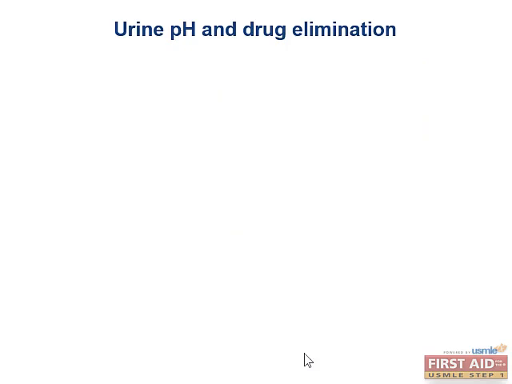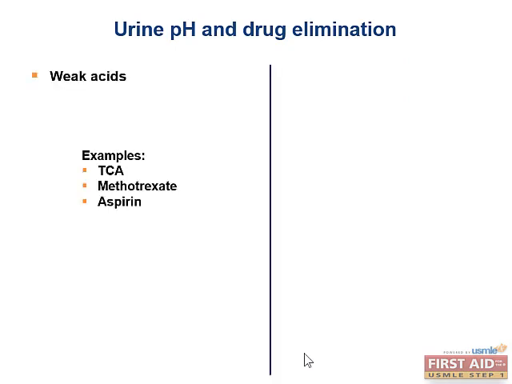Now let's use this and take it a little further. Weak acids, such as tricyclic antidepressants, methotrexate, and aspirin, are ionized in basic urine, as shown in the following equation here. Now, why would we give a basic compound to treat a weak acid overdose? So if we have an overdose of aspirin, for example, here's our weak acid.